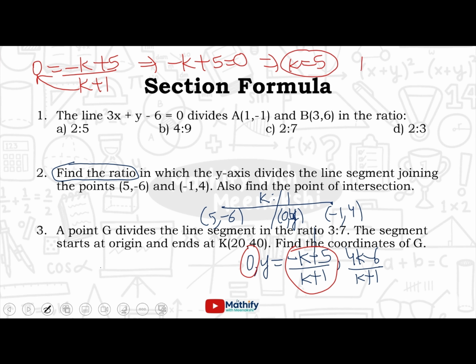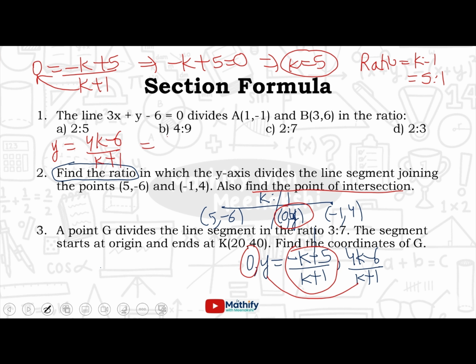So from here we can say my ratio is k is to 1, that is 5 is to 1. But the question is not till here. You have to also find the point of intersection. That means you have to find the value of 0 comma y. So we have to find the value of y also. Equate now y is equal to 4k minus 6 by k plus 1. Now what is your k?